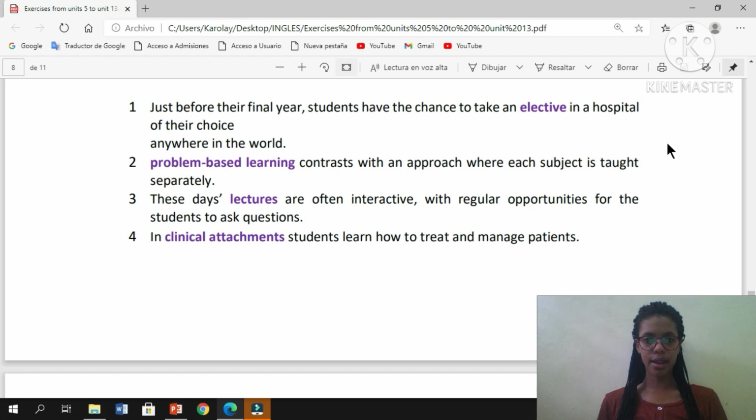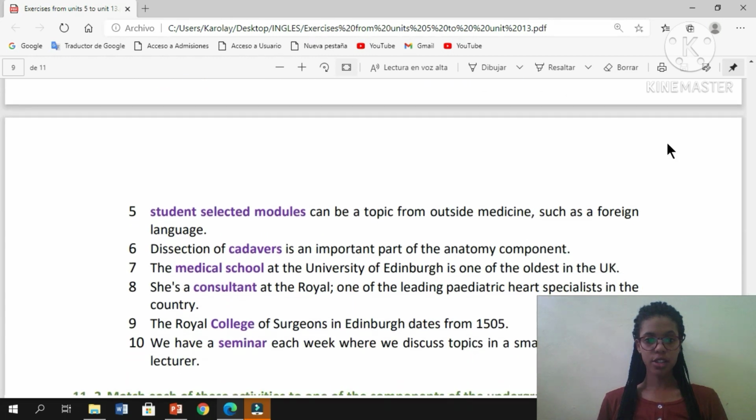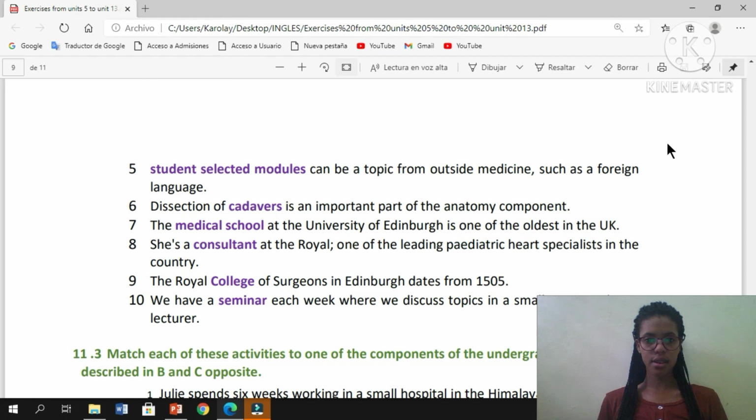In clinical attachments, students learn how to treat and manage patients. Students select modules on topics from a wide range of medicine and learning. The dissection of cadavers is an important part of the anatomy course.